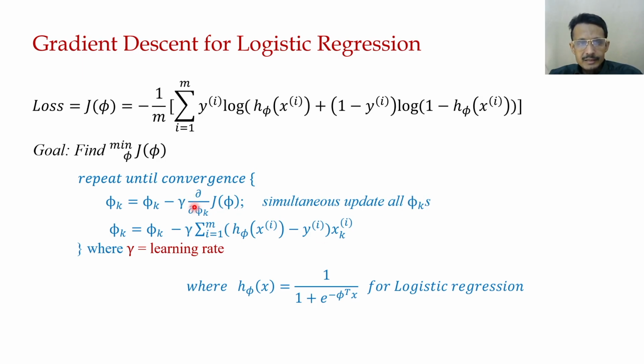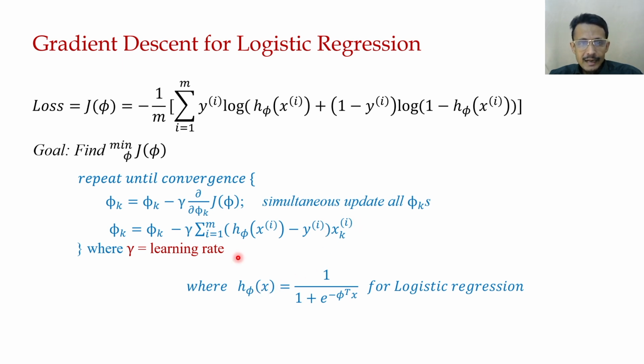Now what is this differential part? It is basically the sum over i to m of h_φ(x_i) minus y_i, times x_k^i, where this gamma is the learning rate. I think this is almost very similar to linear regression.